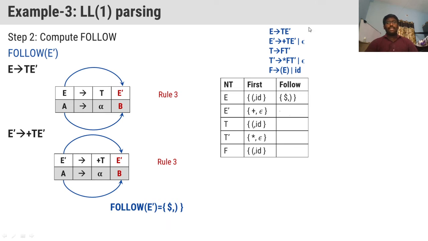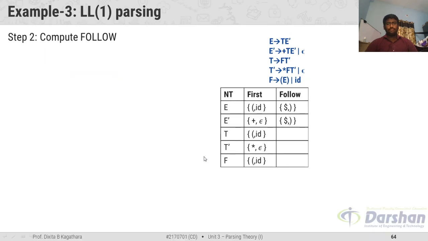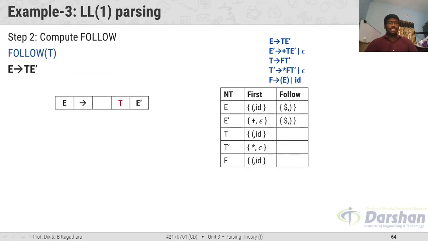Once follow of E dash is over, we will go for follow of T. T is followed by E dash here. Since E dash is a non-terminal, we will find the first set of this non-terminal E dash.